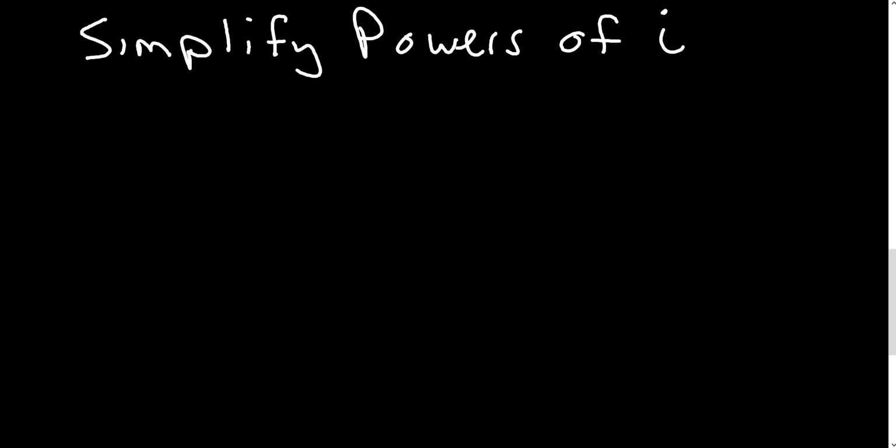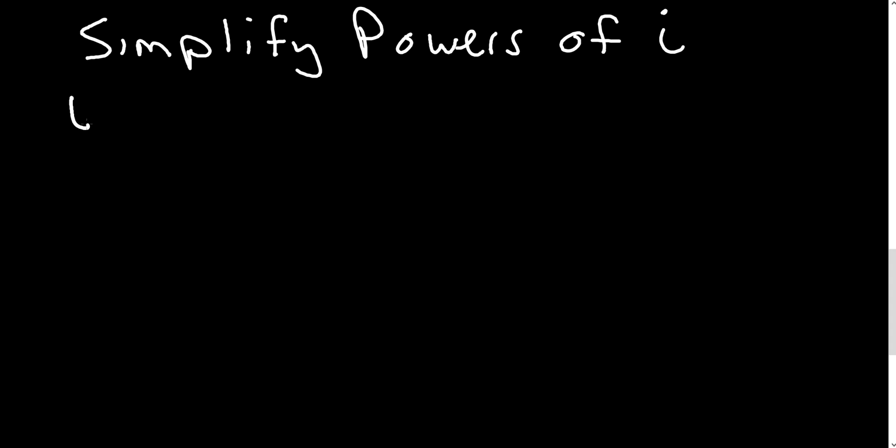In our last section here of 3.1, second to the last topic, we've got simplifying powers of i. It's one of my favorite topics. It's fun because of what you have to remember and realize when we break these down. I'm going to go up to i to the third power.